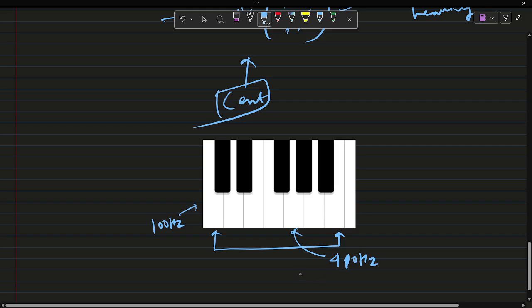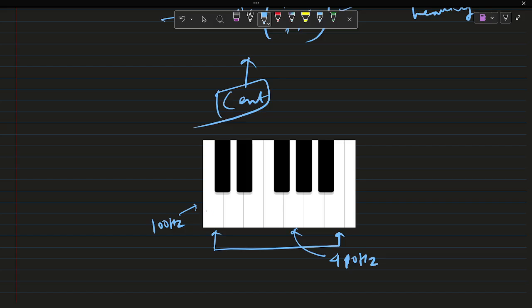It may happen, but our ear does not hear the frequency like that, this is 100 hertz, this is 410 hertz. Our ear always hears the frequency in terms of ratio.